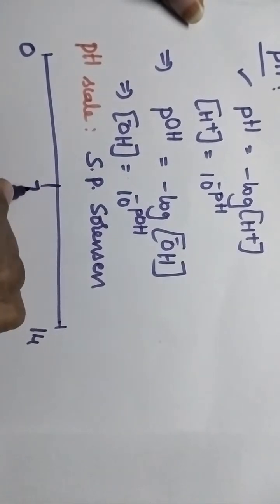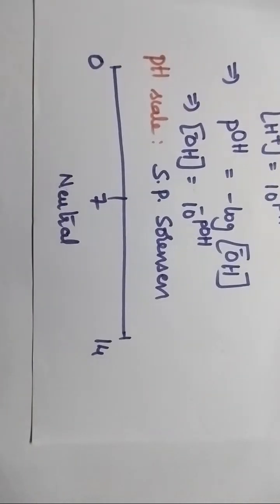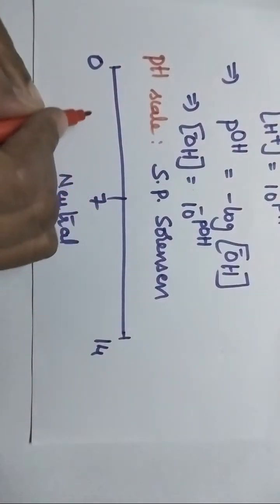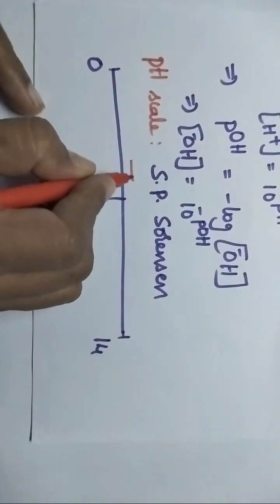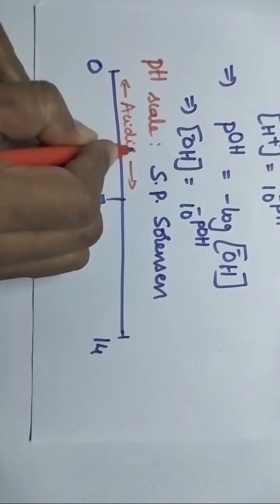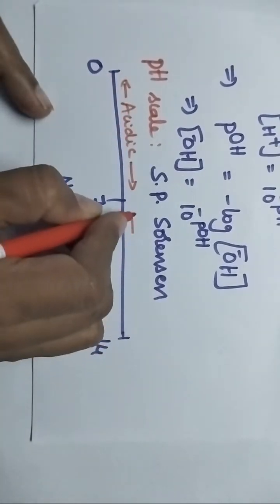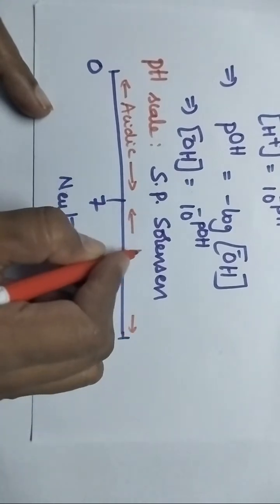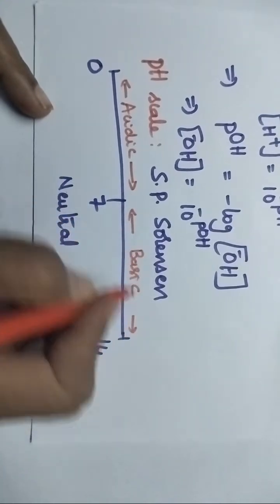If the pH of the solution is 7, it is neutral in nature. And if the pH of the solution is less than 7, then the solution is acidic in nature. If the pH is greater than 7, the solution is basic in nature.